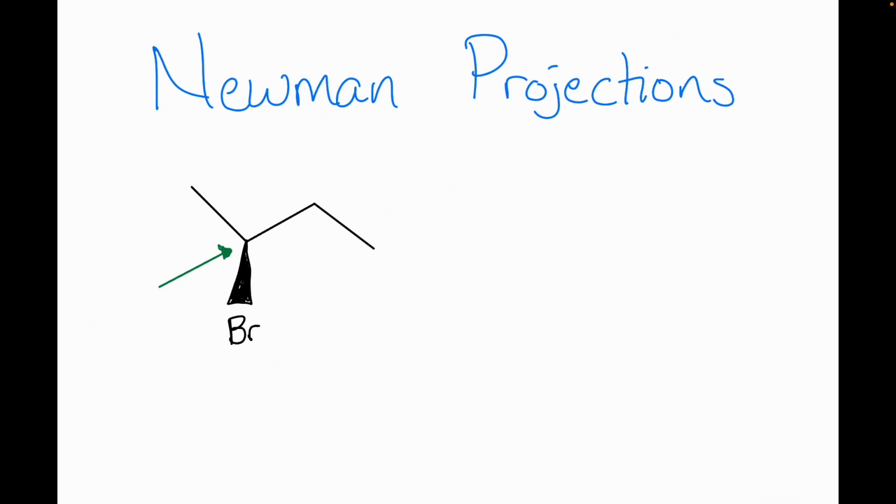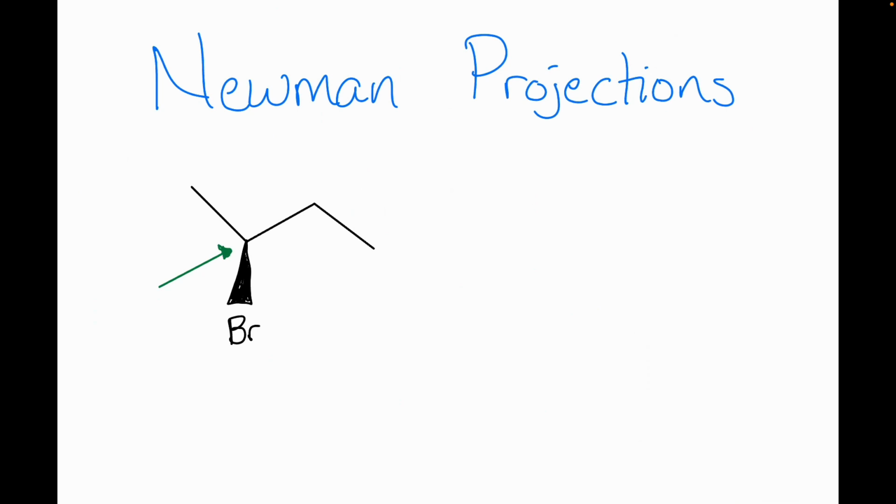Right, so it's as if I'm taking this molecule that I just drew. I have my butane with the bromine sticking out of the page. Right, and I'm going to take it and turn it and look at it this direction, down this bond right here.